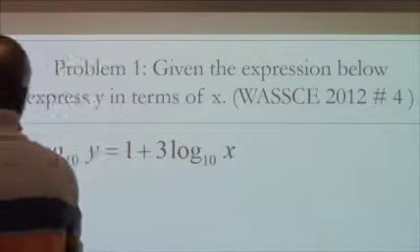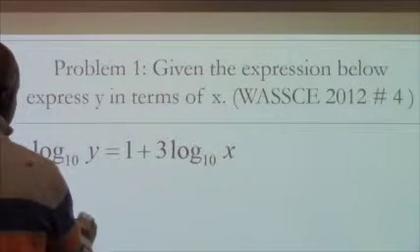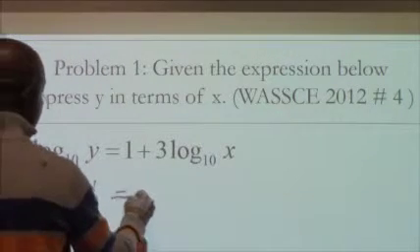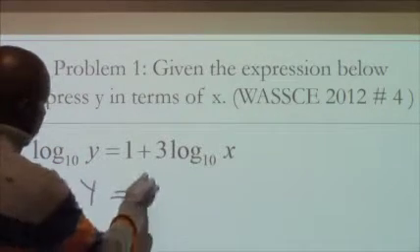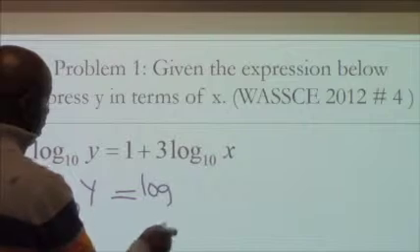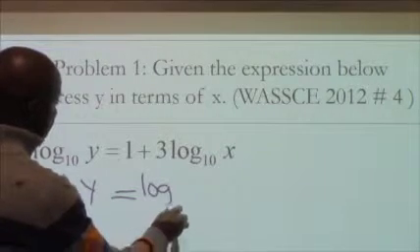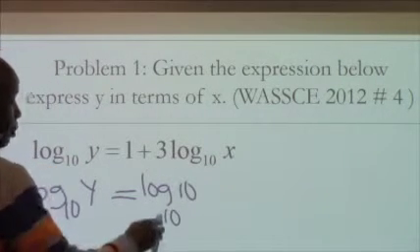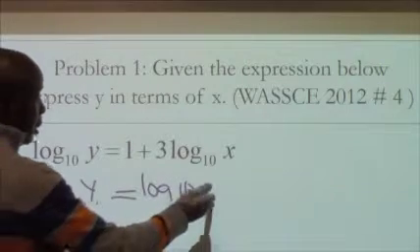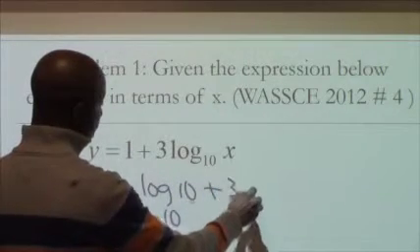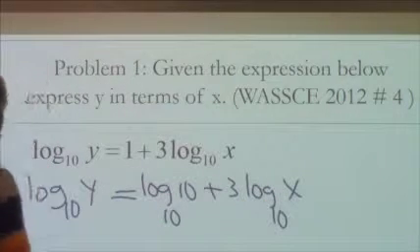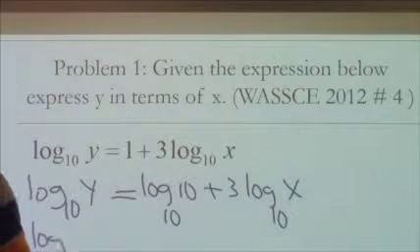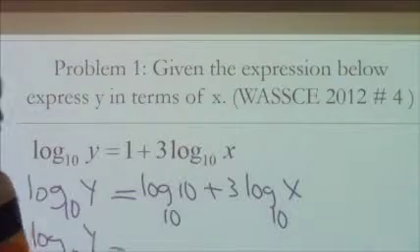We have log base 10 of y is equal to, well, since we have base 10, I could write this as log base 10 of 10, because log base 10 of 10 is just 1, plus 3 log base 10 of x.